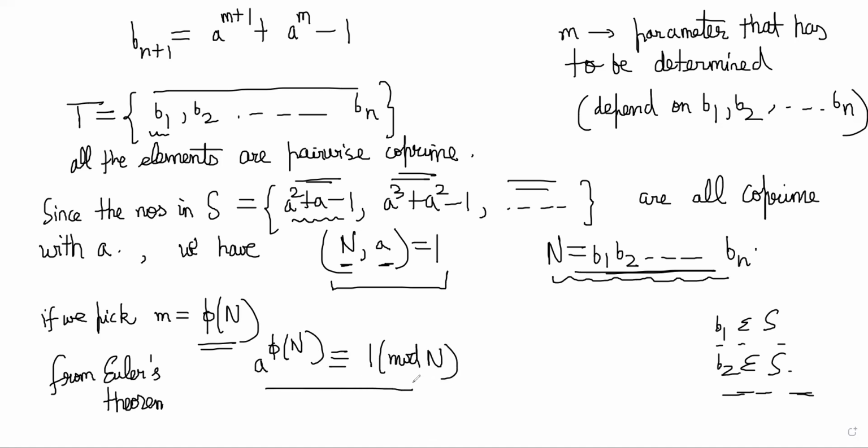That we have picked M as phi of N, and A power phi of N is congruent to 1 mod N. Therefore, we can say that A power M plus 1 plus A power M minus 1, this is my B of N plus 1, right?